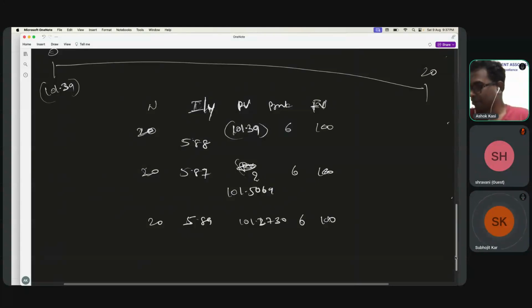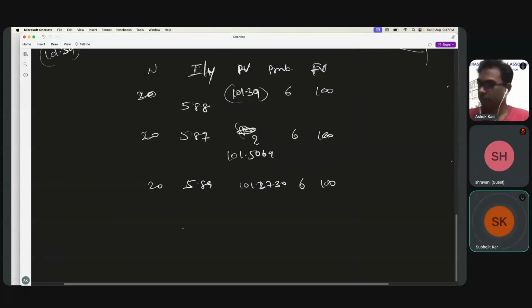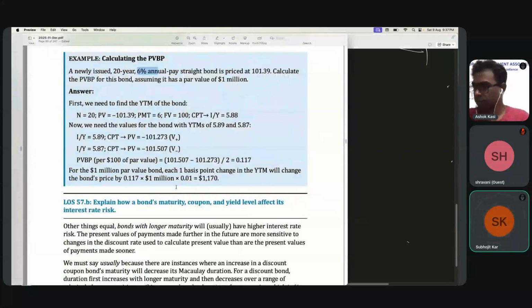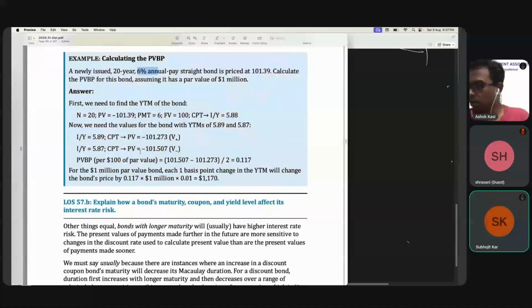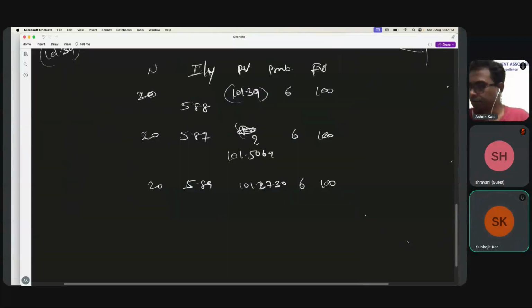So now the price value of a basis point.